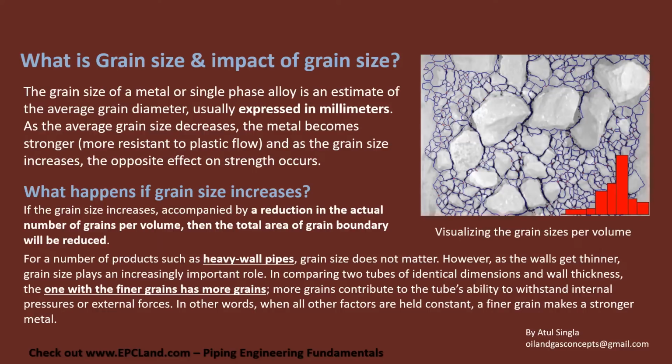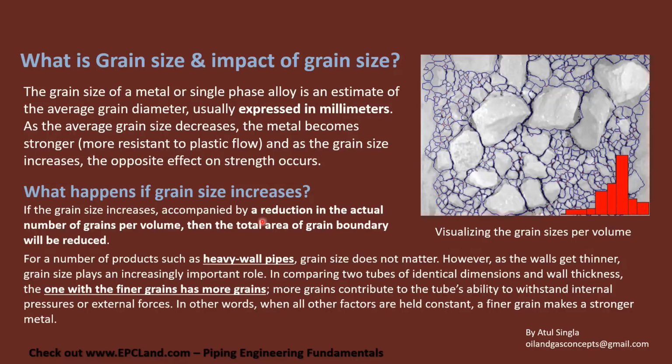For a number of products such as heavy wall pipes, very thick wall pipes, grain size does not have much impact. But as the thickness decreases, grain size has a comparatively high impact, right?